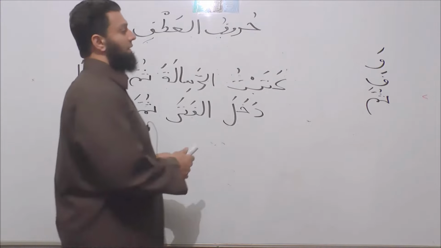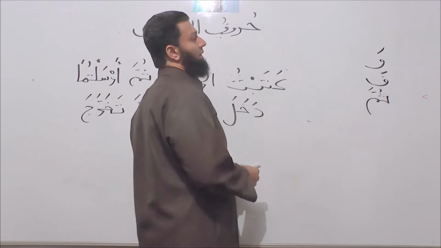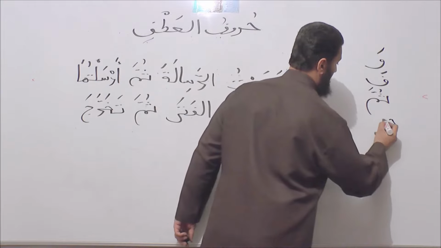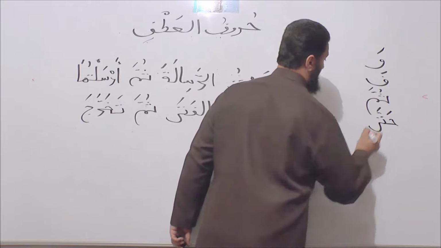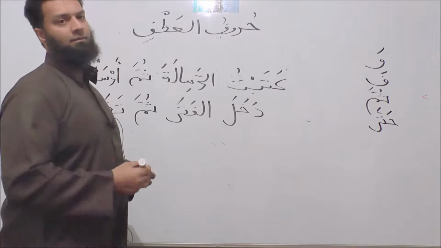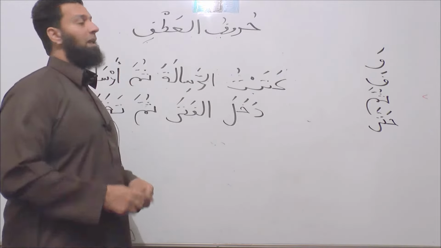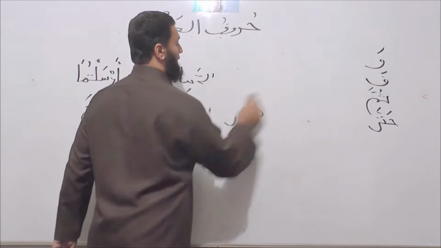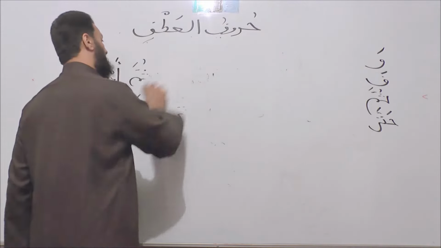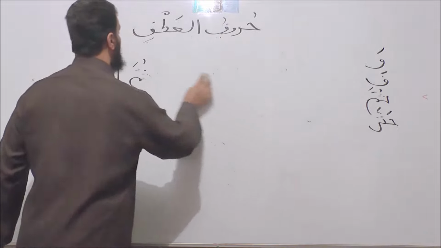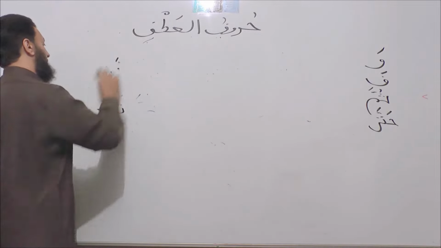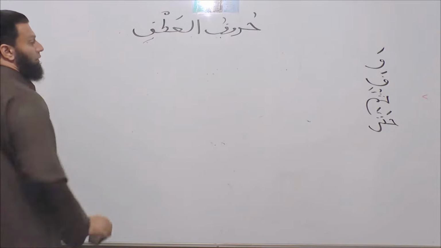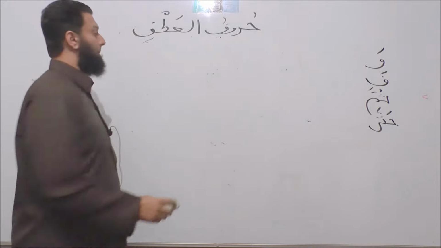Right? So the last one that we're going to do today is Hata. Hata is from حروف العطف, but only providing that it fulfills two conditions.